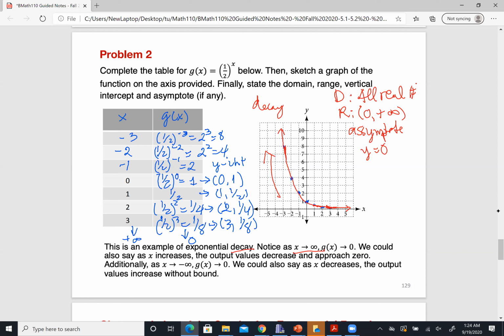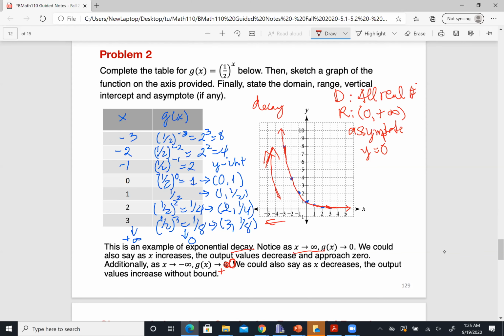Oh, there's a mistake. It should be positive infinity, right? If you go to the negative infinity side here, you see that the value of g(x) is just going up. That's the reason why.